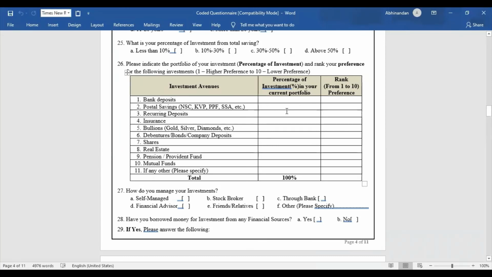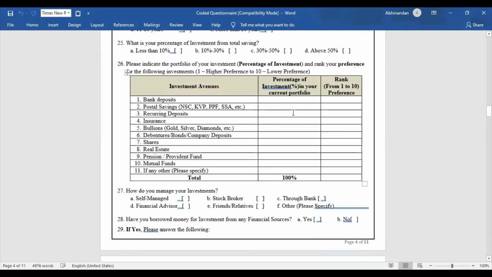See, here they have to write the percentage. It may be any value, as I said, if it has absolute value. If any person deposited 10%, he can write 10% or 11%, 12%, 13%, any value. So when you are giving an open-ended blank, that type of data is ratio scale.